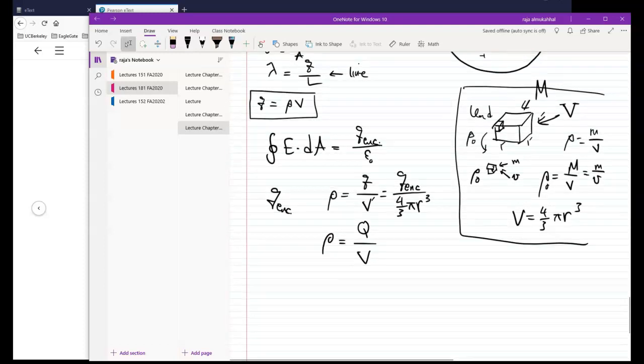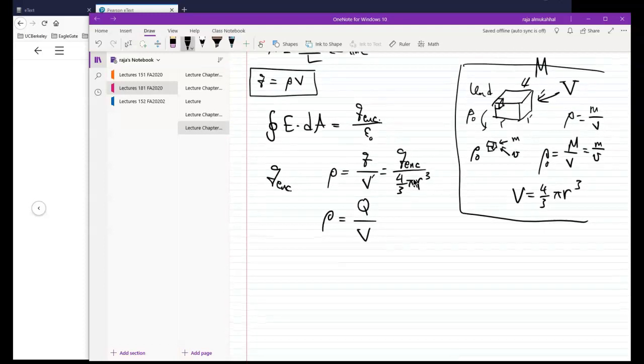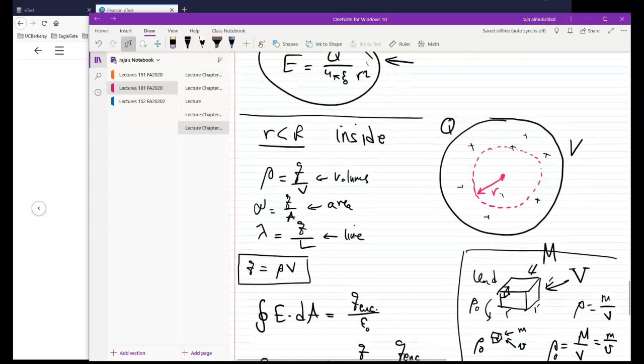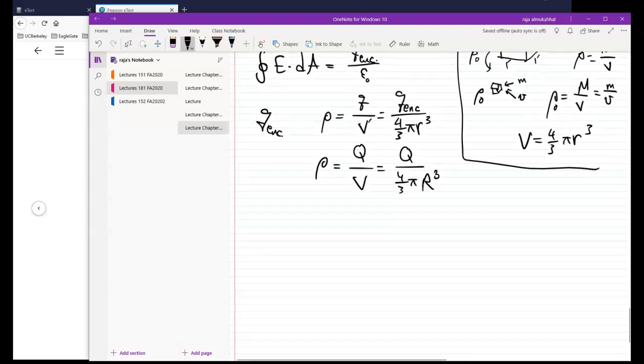So this big Q over big V is big Q over 4/3 pi big R cubed. Remember we said that the radius of it is big R. Do you see that so far?